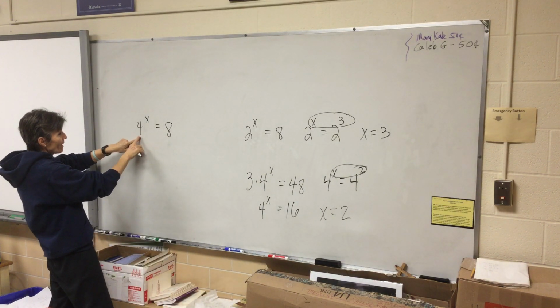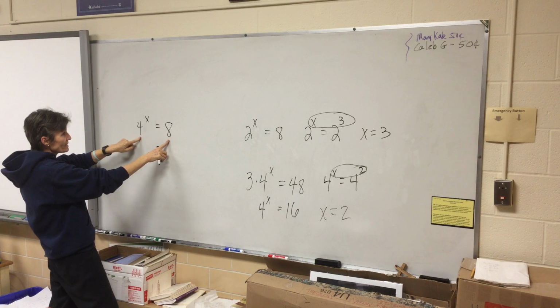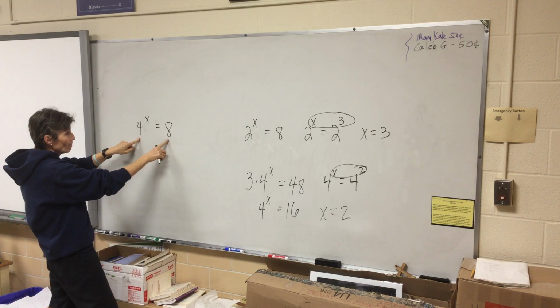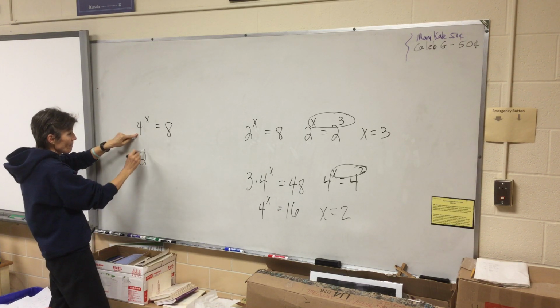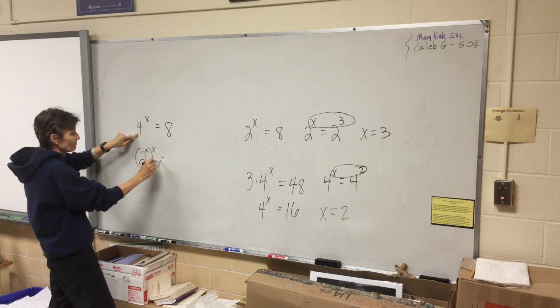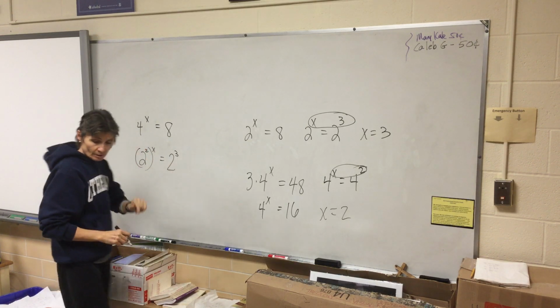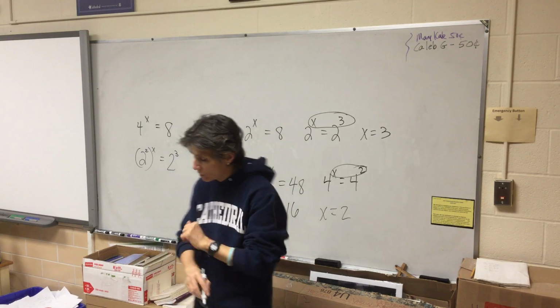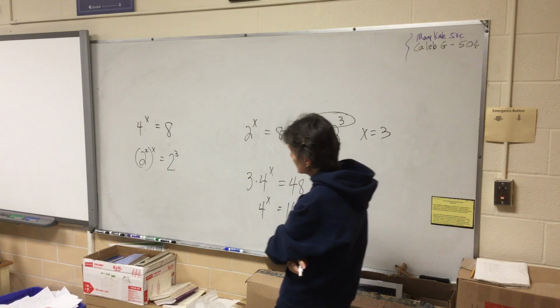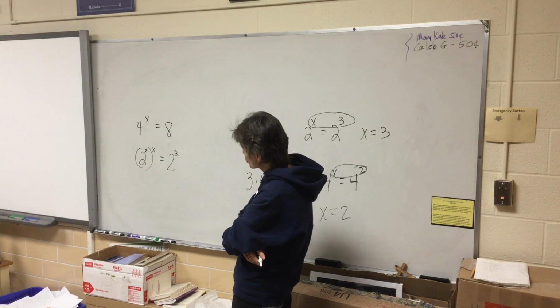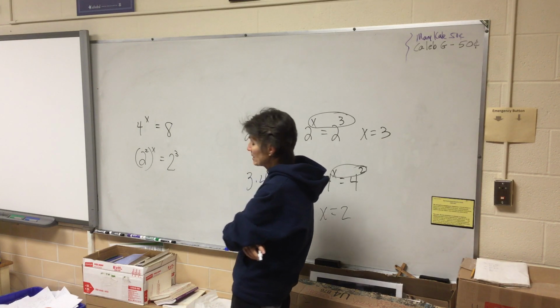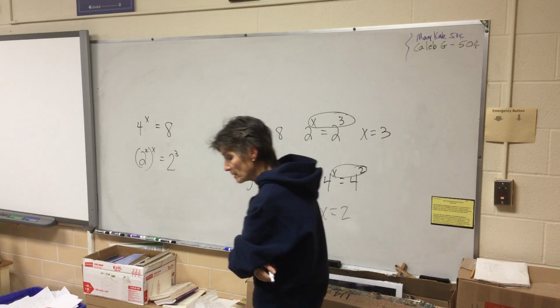Instead of messing around with either 4 or 8, could we break them both down and write them as powers of 2? Could we rewrite both of those, thinking of 4 as 2 squared and thinking of 8 as 2 cubed?